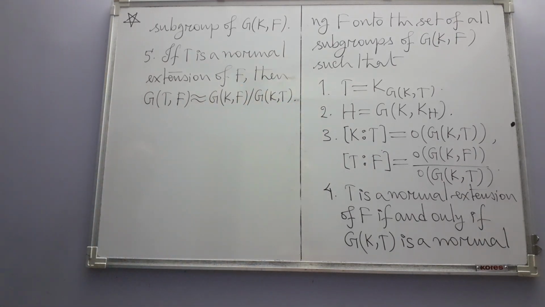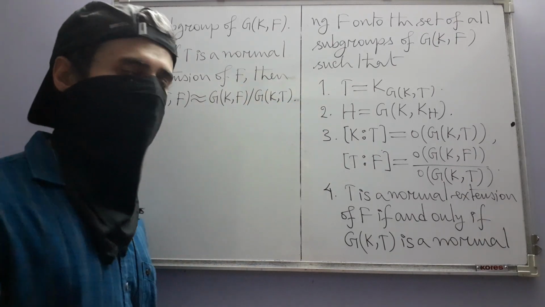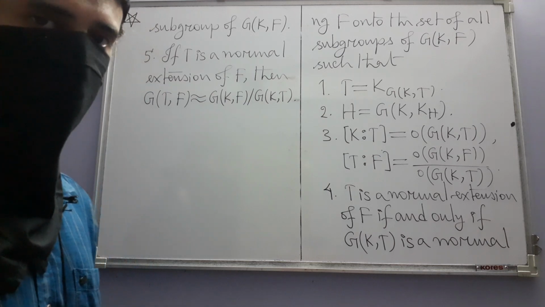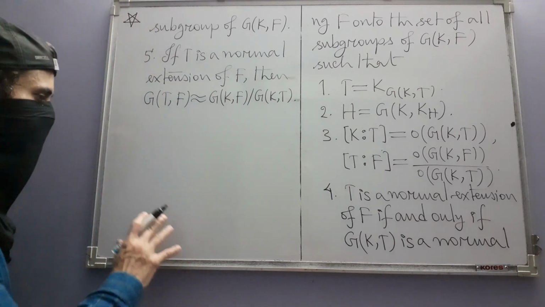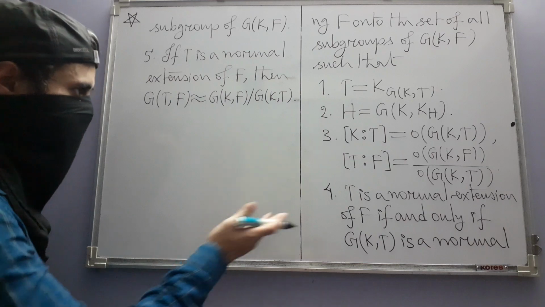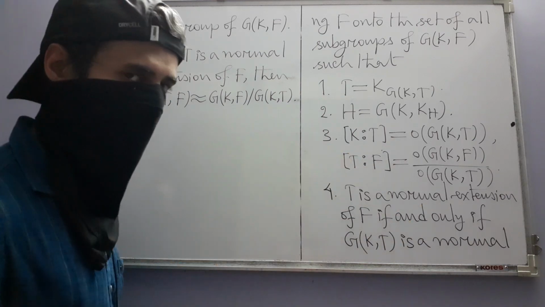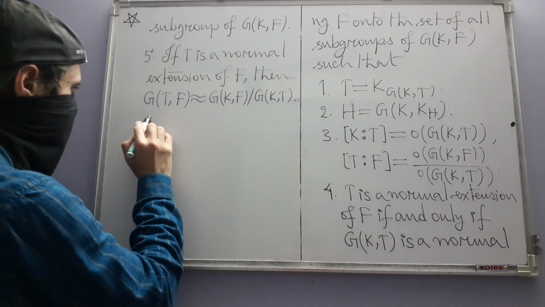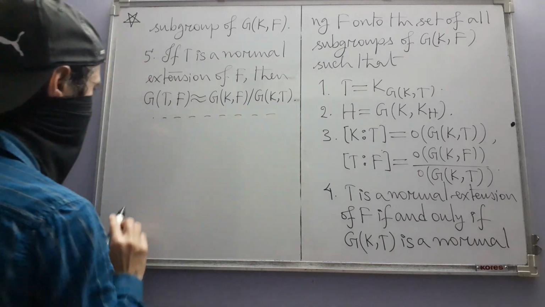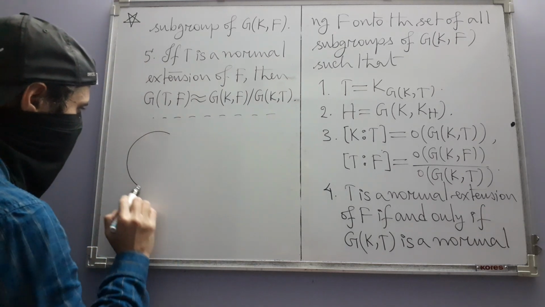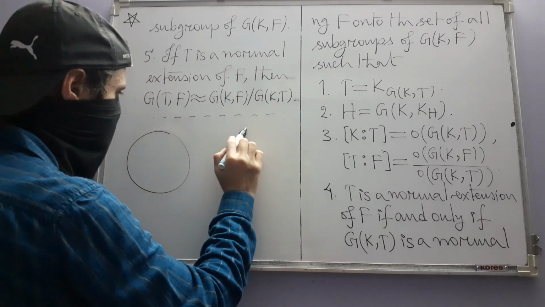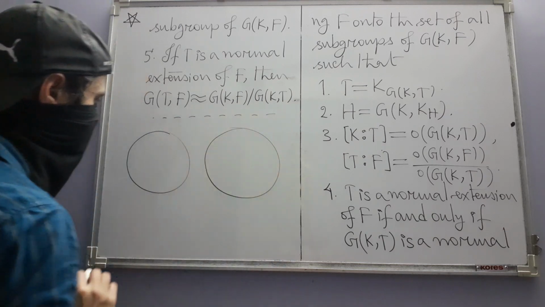Okay, so now we are going to prove this. But before we see the proof, let us see what the association is, because the statement is so long. So let us see in a kind of figure what this association actually is.